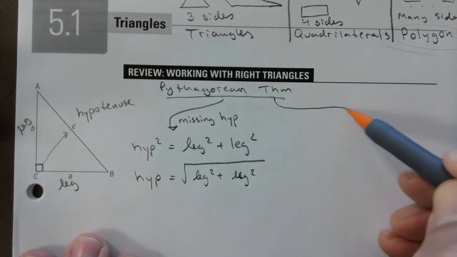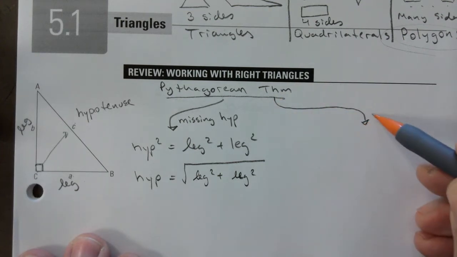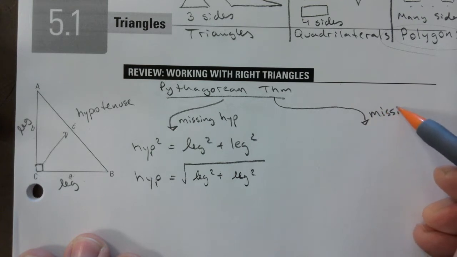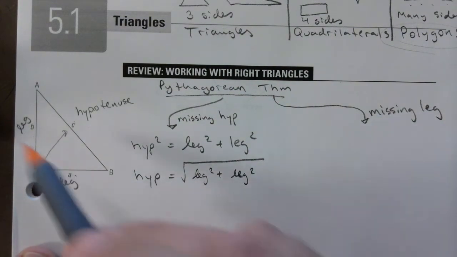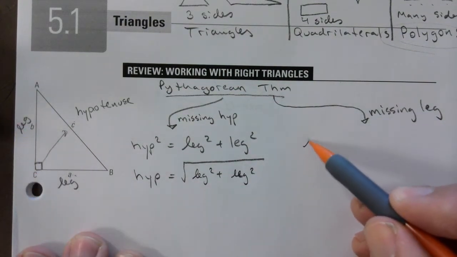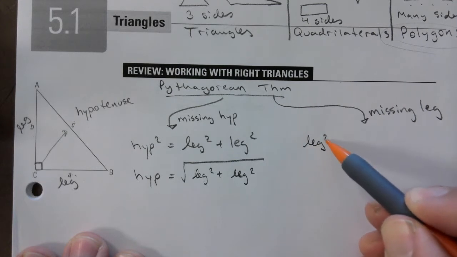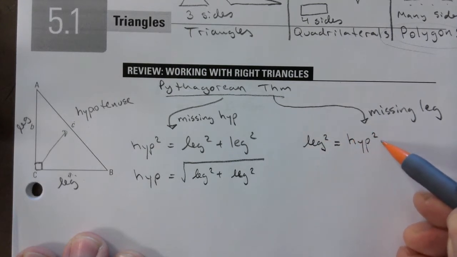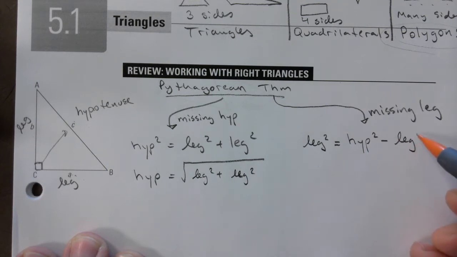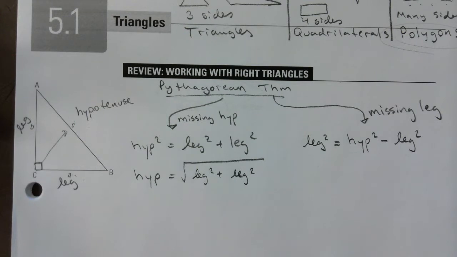The other case is missing leg. So if you're missing either one of them, you would say that the leg squared is equal to the hypotenuse squared minus the other leg squared. So emphasis on the minus, right?